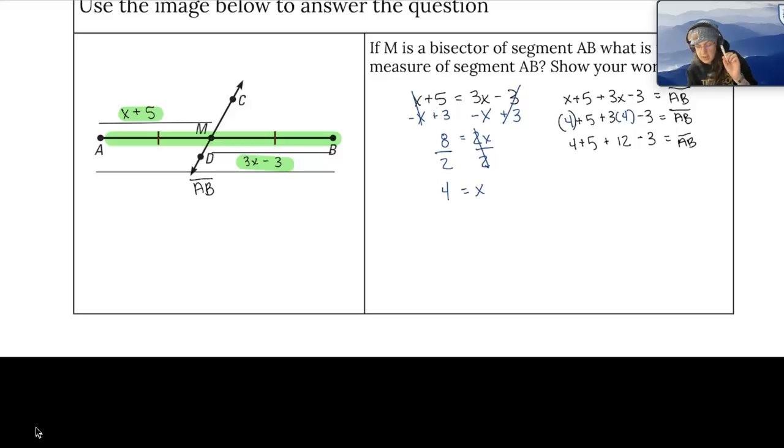So 9 plus 12 is 21, minus 3 is 18. So line segment AB is equal to 18.